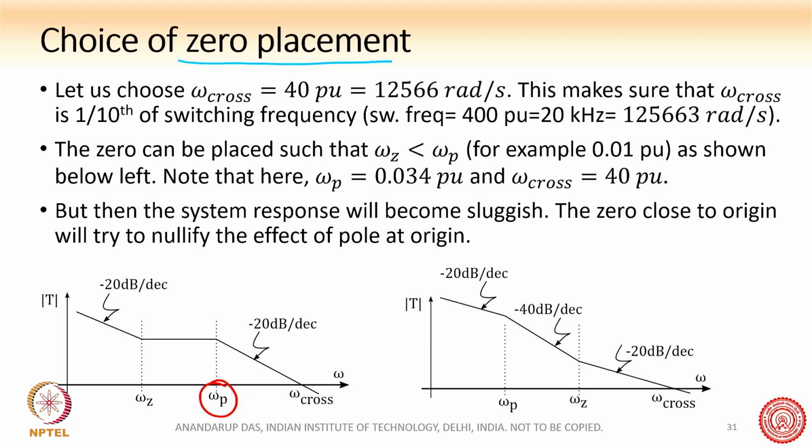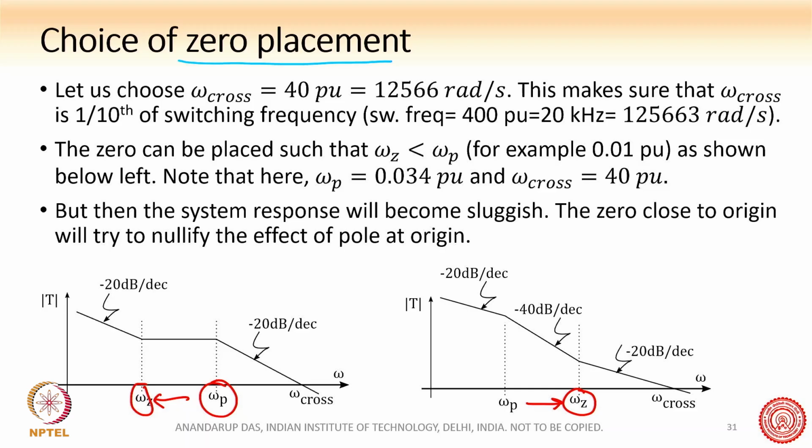The plant has a pole at a certain frequency omega p. Now the 0 can be placed to the left of omega p or to the right of omega p. You can see here the omega z is placed to the left, and here it is placed to the right of omega p. And in both cases, the corresponding loop gain plot will change.